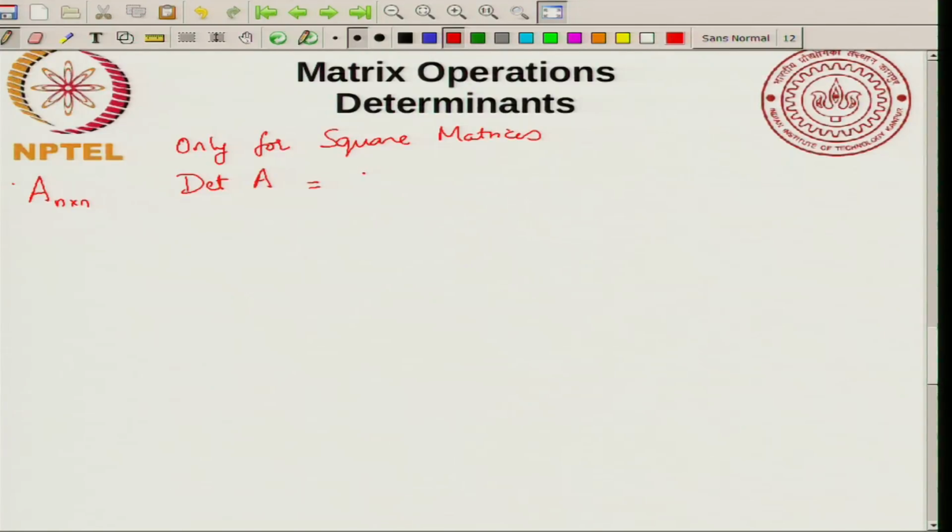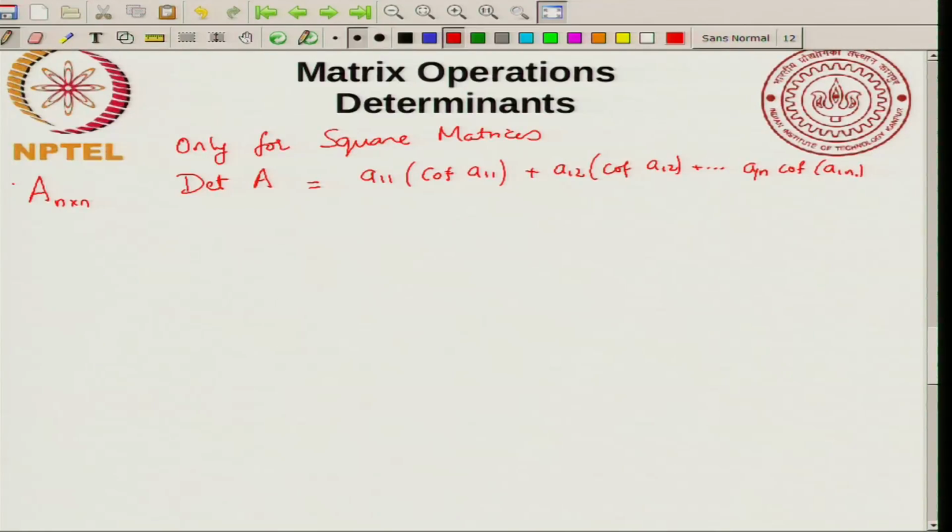You will write it as A11 times what is called the cofactor of A11, plus A12 times cofactor of A12, plus dot dot dot up to A1n times cofactor of A1n.